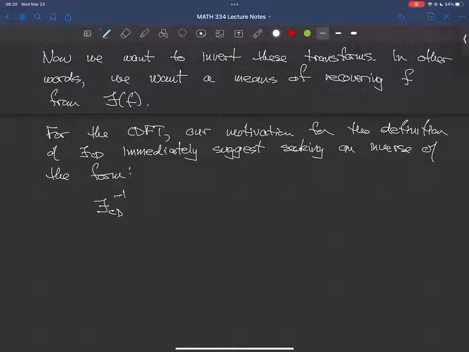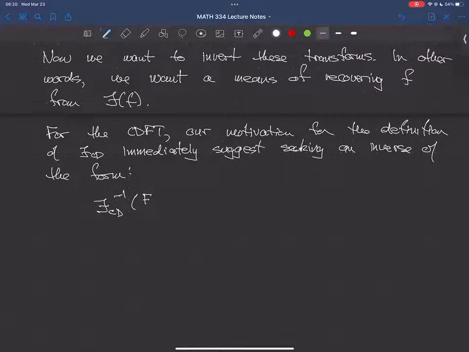Just, you know, again, since we're not really being careful about anything here, we can write anything we want. And so let me put here a capital F. Okay, so F is going to be some function of frequency, and so in this case, it's the discrete frequency with sampling interval 1 over T.